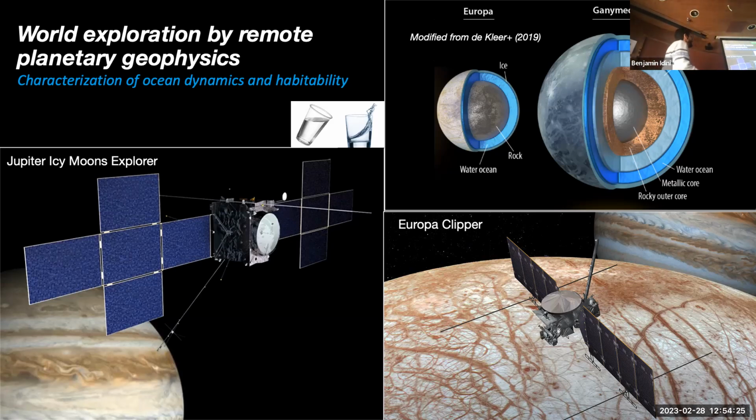So what I'm doing is anticipating the arrival of two missions that will be collecting gravity data on these objects, and seeing how we can connect, again, the tracking of the motion of a spacecraft to internal properties of the ocean, for example, a stratification from salinity or stratification from other compounds, and it doesn't need to be salts necessarily.